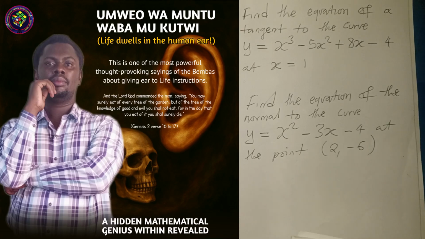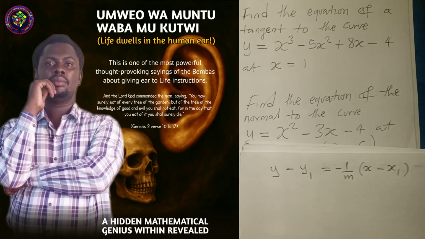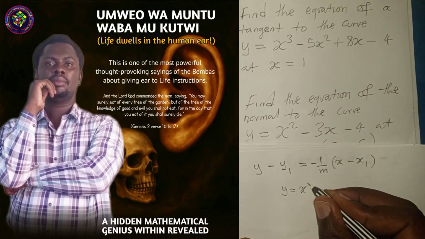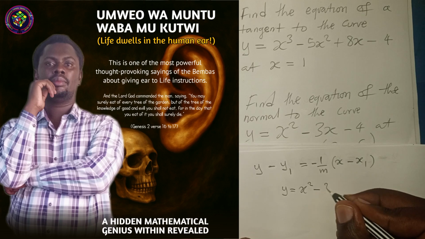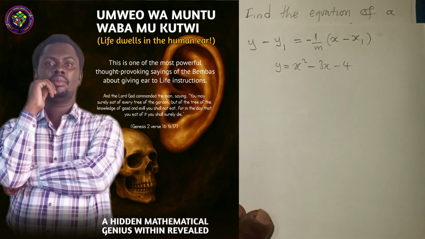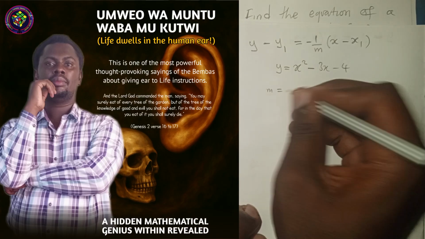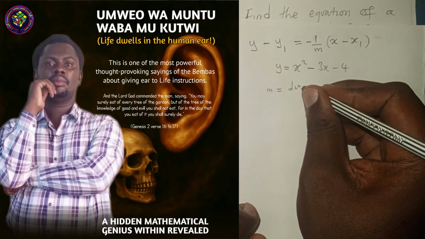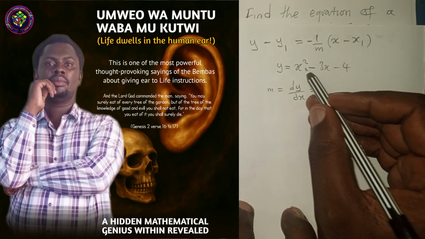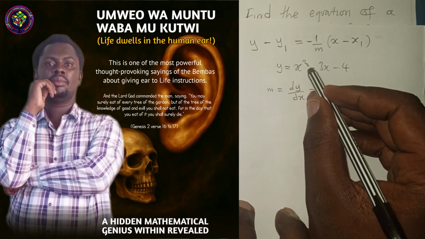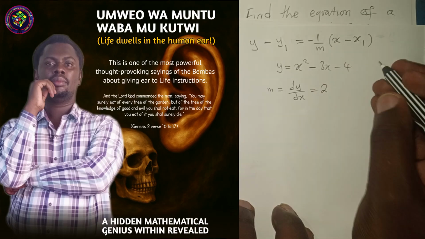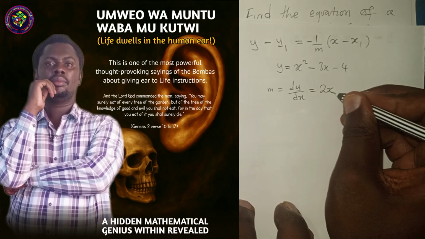So for the gradient, you just differentiate. The function is y = x² - 3x - 4. So m = dy/dx. The derivative of x² is 2 multiplied by 1, which is 2, then the power reduced by 1, so you get 2x.